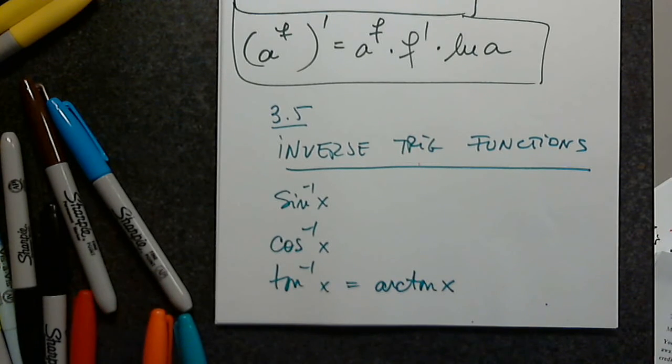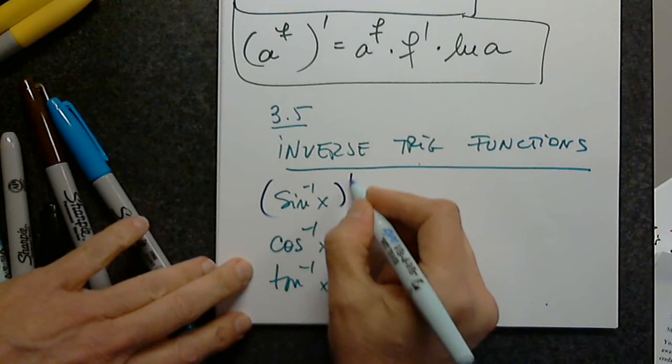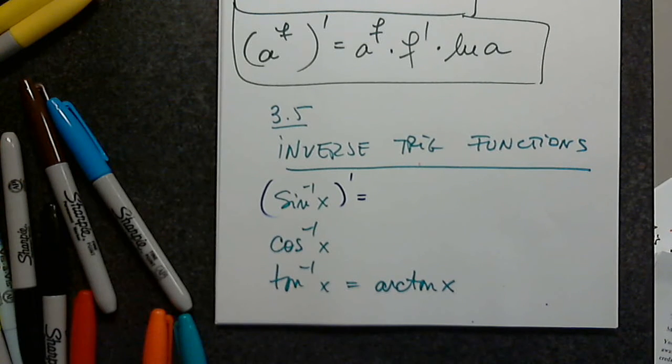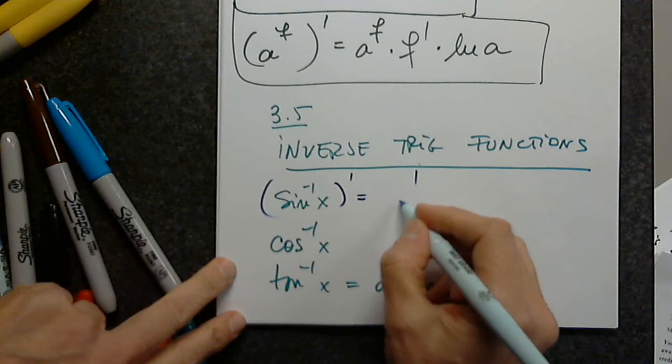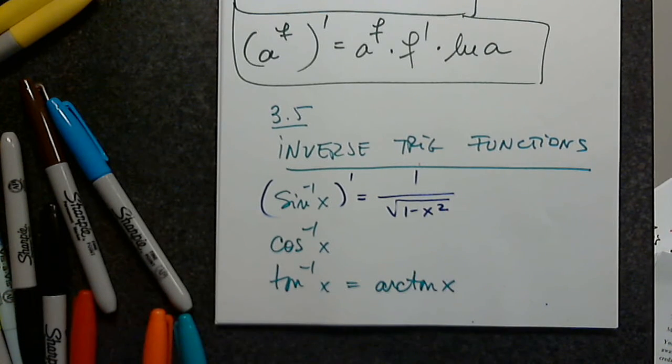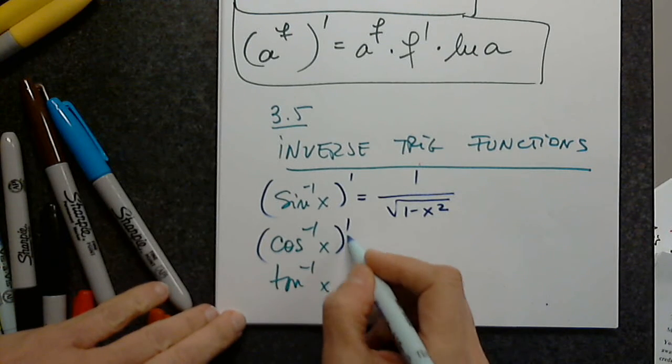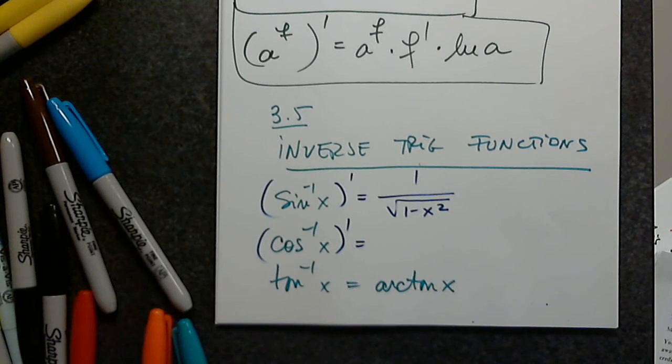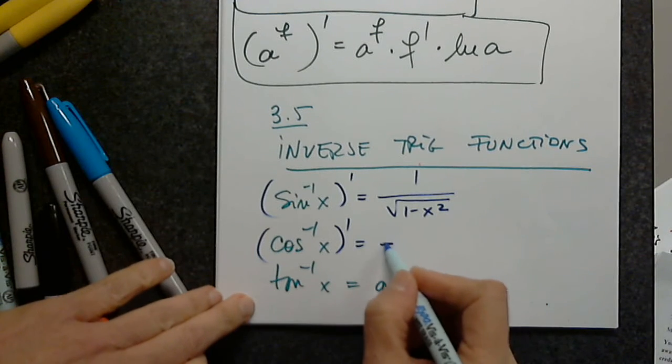When we differentiate sine inverse, the answer is 1 over the square root of 1 minus x squared. When we differentiate cosine inverse, we get the same thing but with a minus in front.